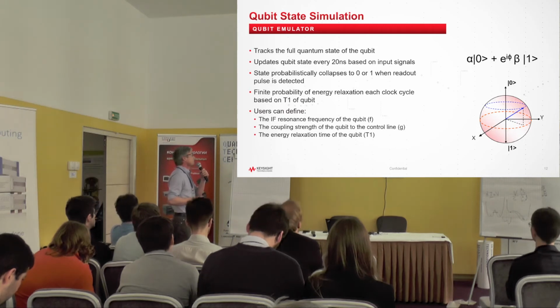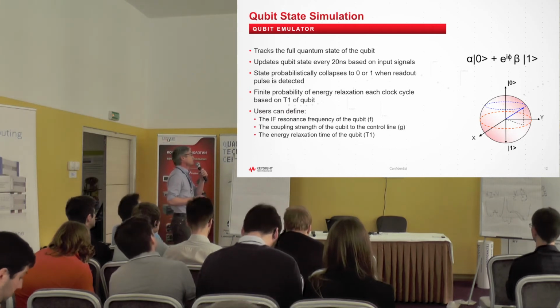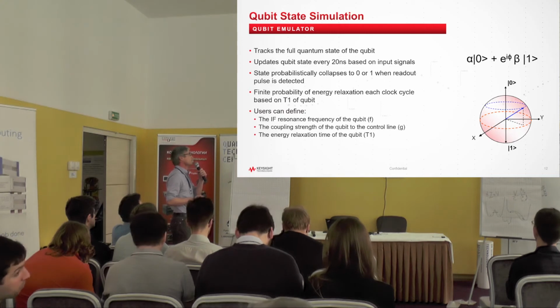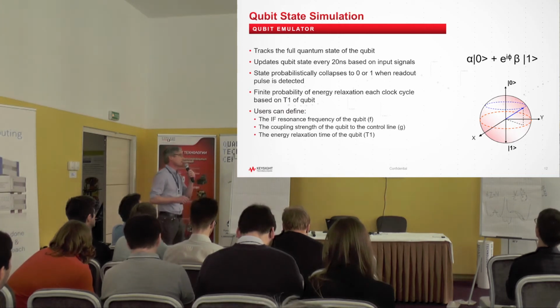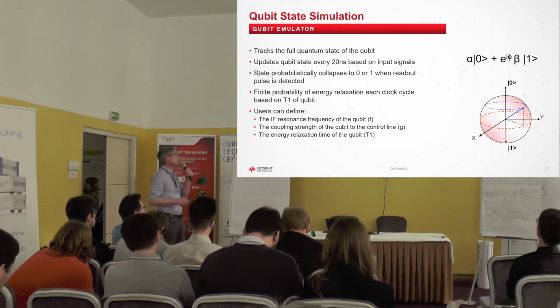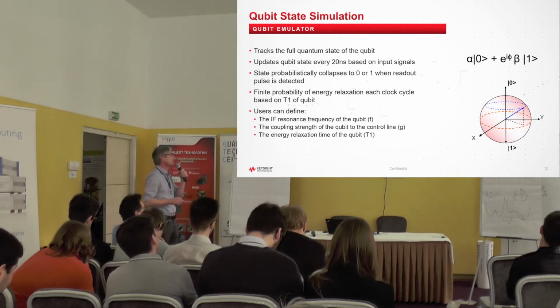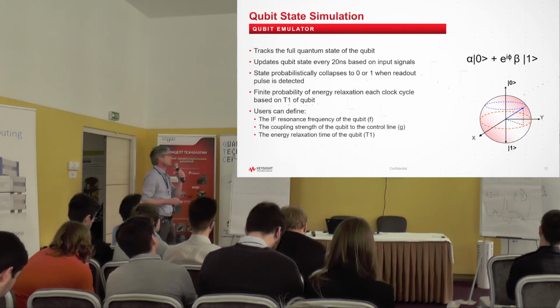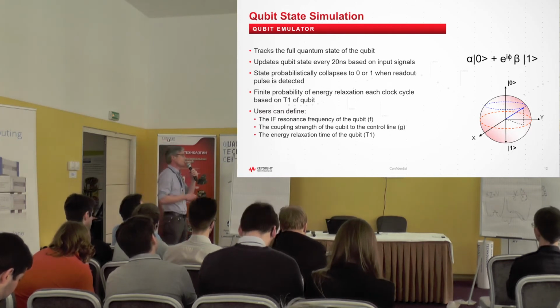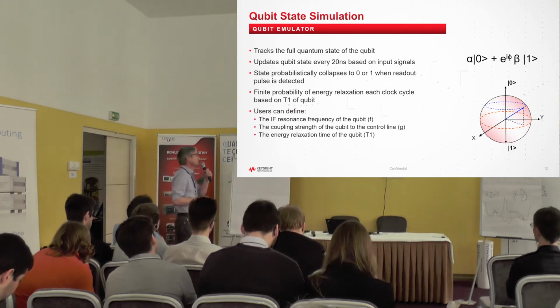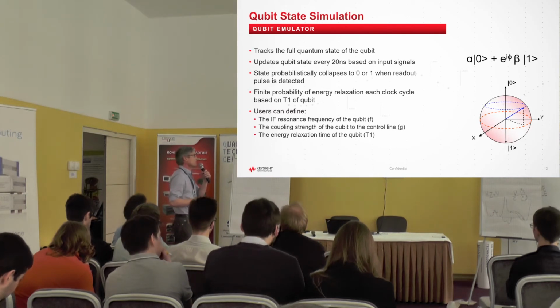The user can set T1 of the qubit, and this defines the probability of relaxation. And of course, the user sets the resonance frequency of the qubit and the coupling strengths between the qubit and the readout and the control line. And of course, T1 is explained.